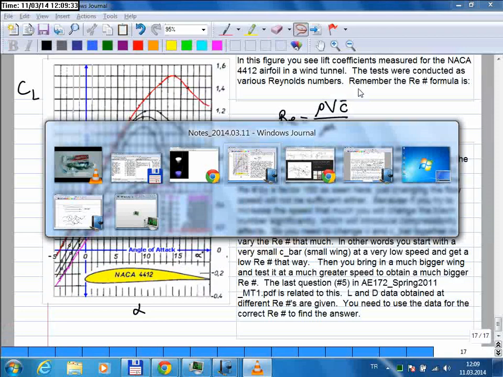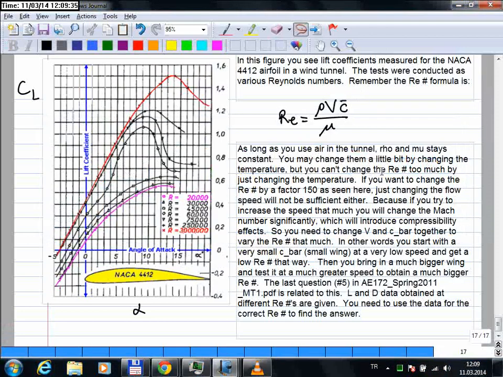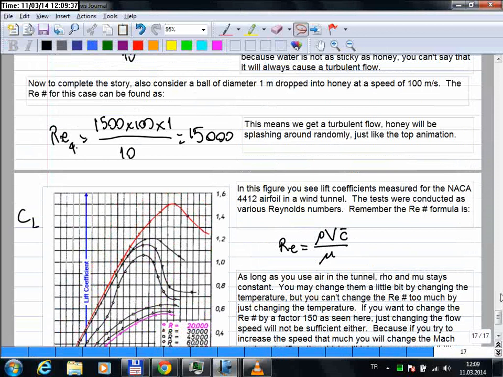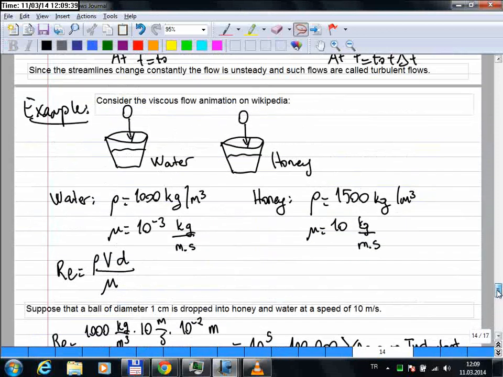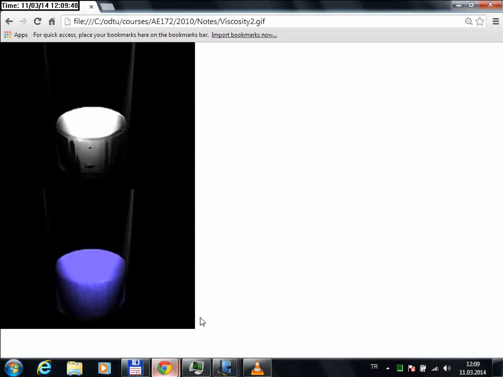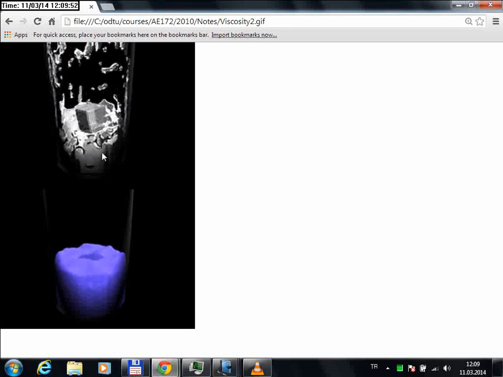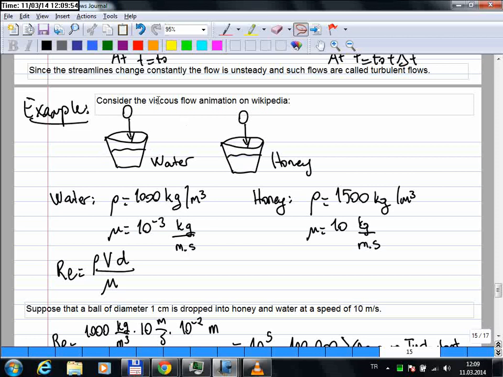So before we go, let me show you. Let's go through this example. Let's take a look at these two cases with some numbers. In one case I assume that there's water, and in the other there's honey.